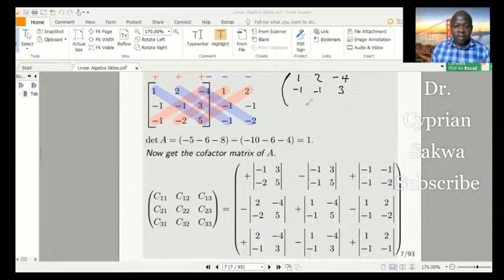We said that the sign for the first element will be positive, the next will be negative, the next positive, and they alternate. That's why you can see I put a positive here, and a negative here, positive, negative, positive, negative, positive. So they alternate. Okay, so that's how we find those signs.